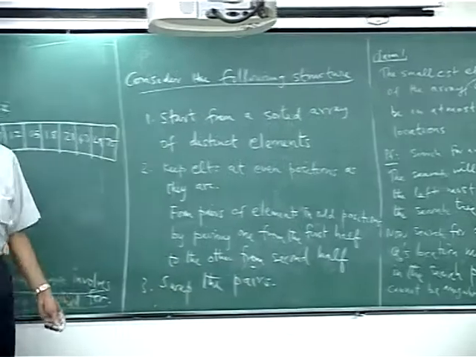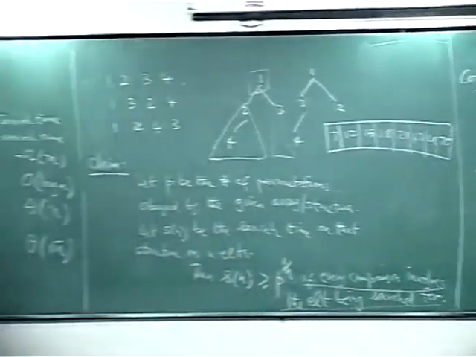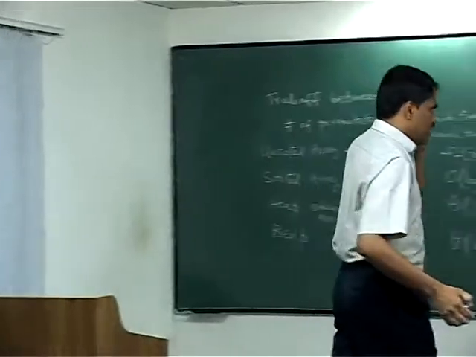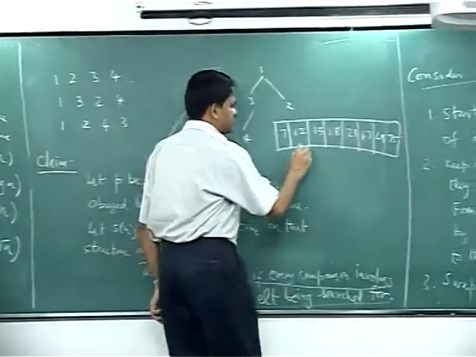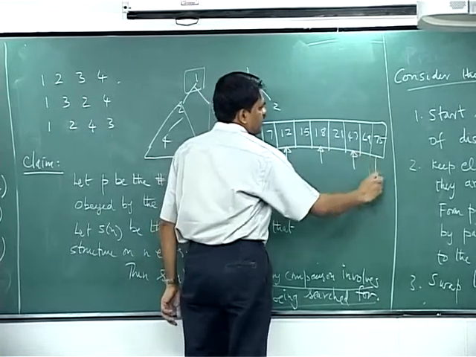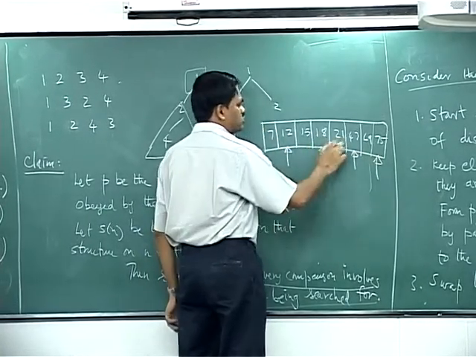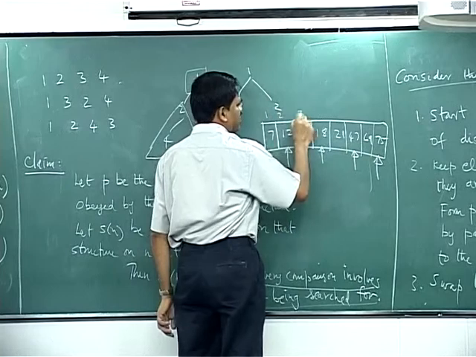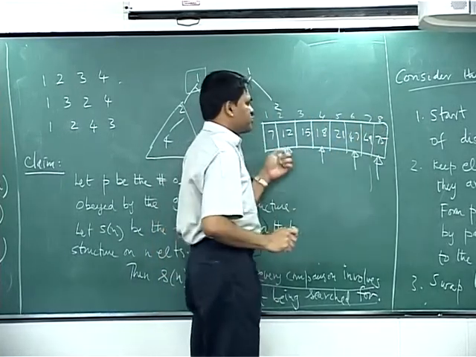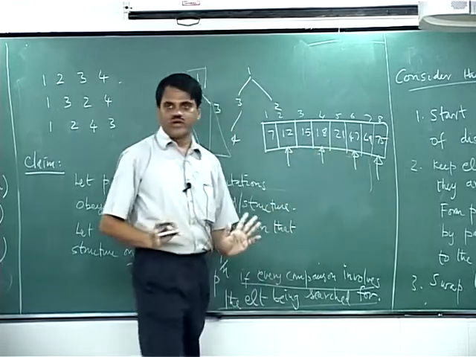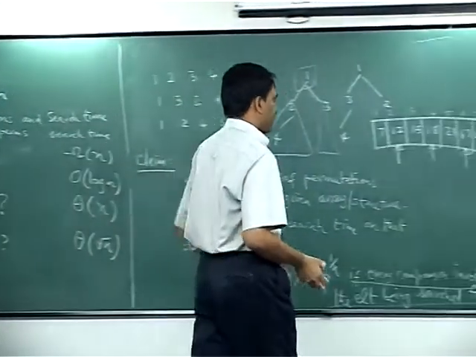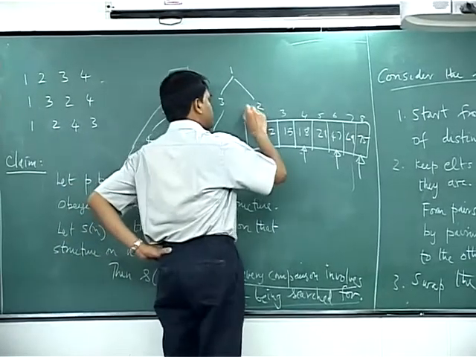So what am I saying? I start with the sorted array and keep all elements in the even positions as they are. The array starts at 1, so I don't touch the elements at positions 2, 4, 6, 8. They stay as they are. I take an odd position element.